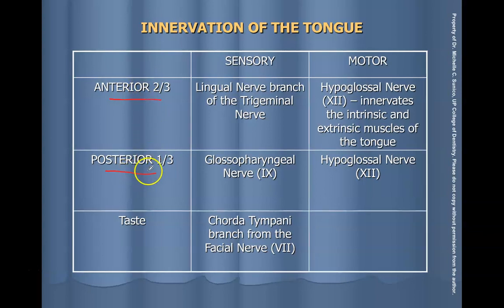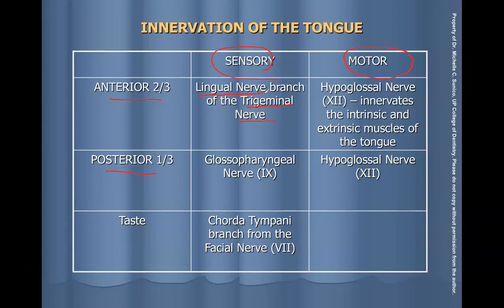Each of these parts of the tongue came from different branchial arches. Then we have the sensory and motor innervation. For the anterior 2/3, which is the body and tip of the tongue, the sensory innervation will come from the trigeminal nerve, specifically from the lingual nerve branch of the mandibular nerve.